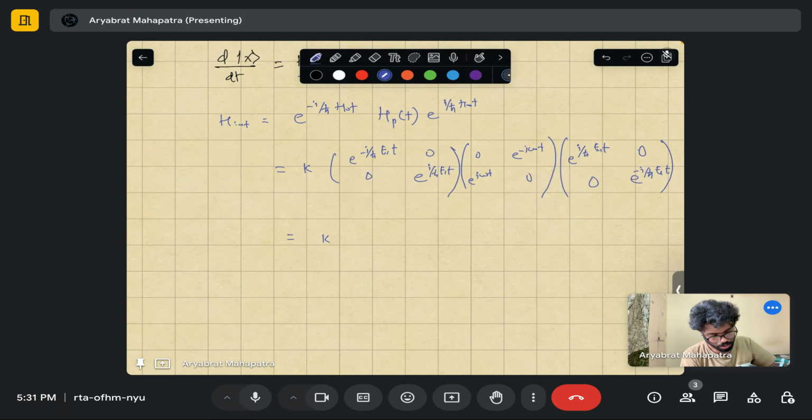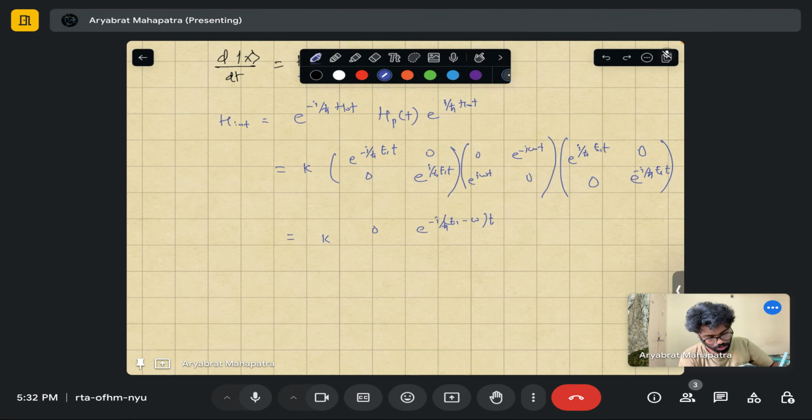So first I have to multiply these two matrices. Then that will give me 0, minus i/ħ E1 minus omega t, and 0.